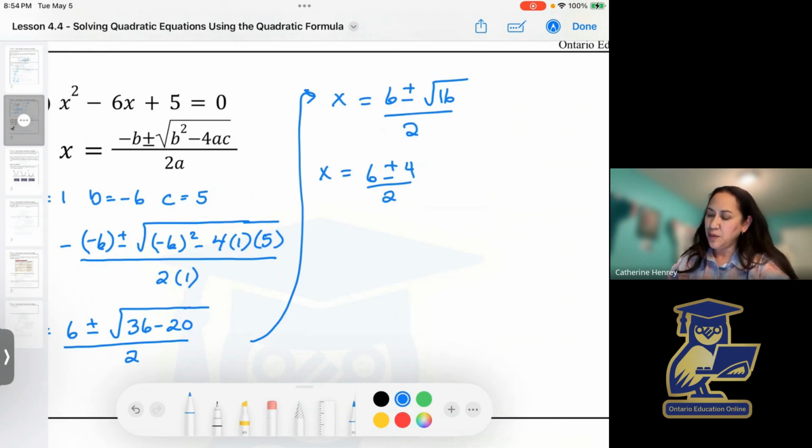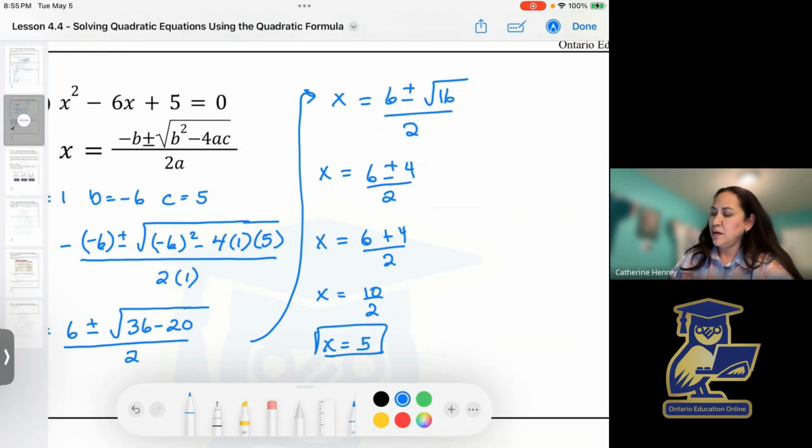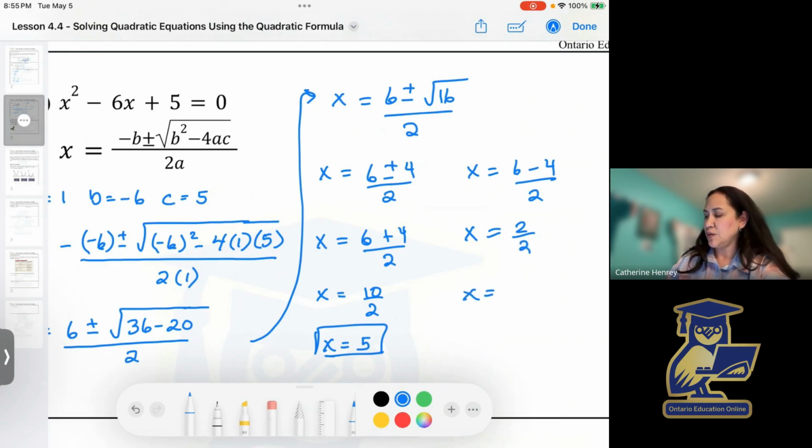And we can split it up here. We can take x is equal to 6 plus 4 over 2, which means x is equal to 10 over 2, and simplifying, x equals 5. And then we could also do x is equal to 6 minus 4 over 2. That simplifies to x equals 2 over 2, and x equals 1. So there are the two solutions using the quadratic formula.